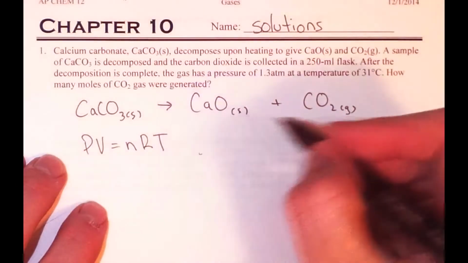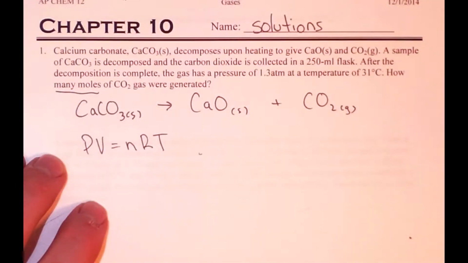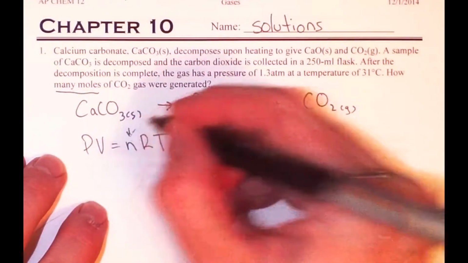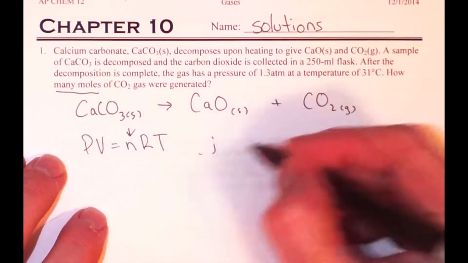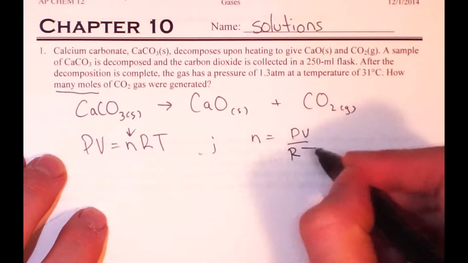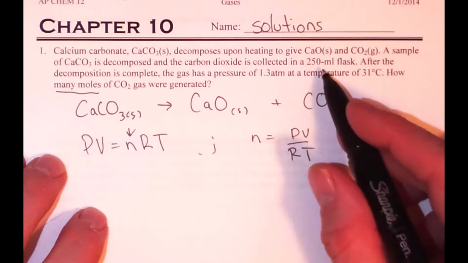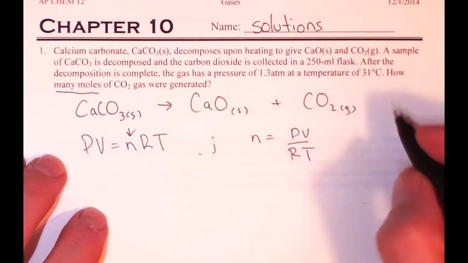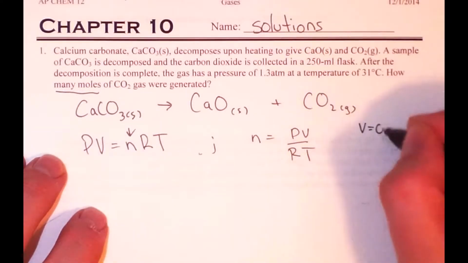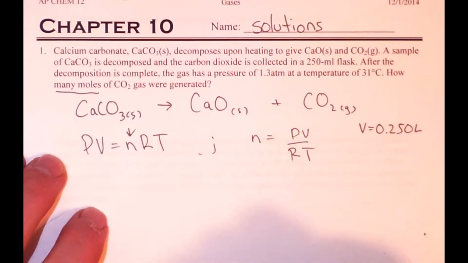So it wants to know how many moles of CO2 we are actually producing. That means we want n. So we rearrange our equation to n equals PV over RT. Let's double check our conversions. The volume needs to be in liters, so we'll turn milliliters to liters.